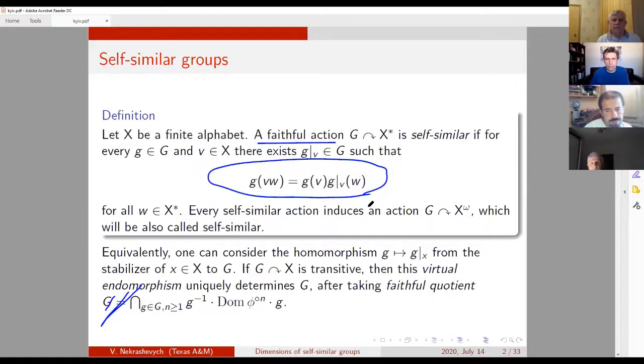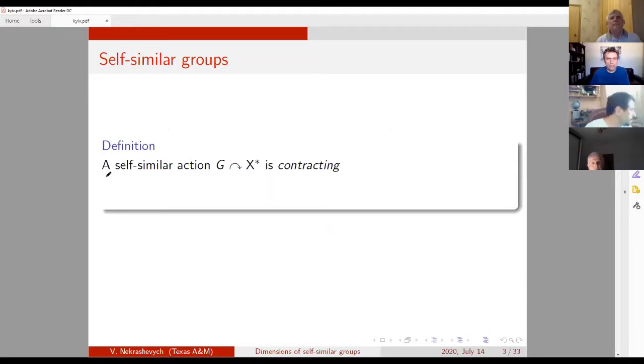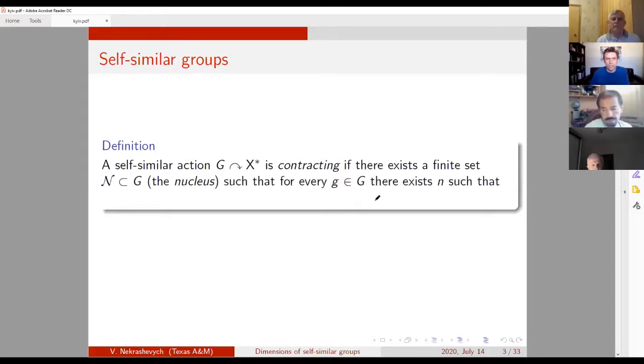And we say that an action is contracting if there is a finite subset, which we call the nucleus, such that for every group element, starting from some level n, this group element which acts on the tails belongs to this finite set for all prefixes of length at least n.